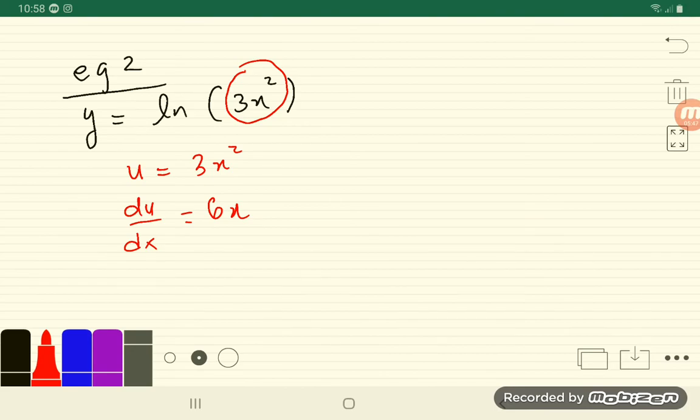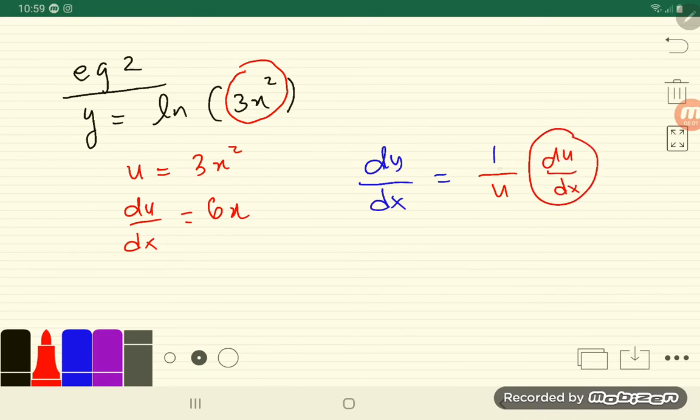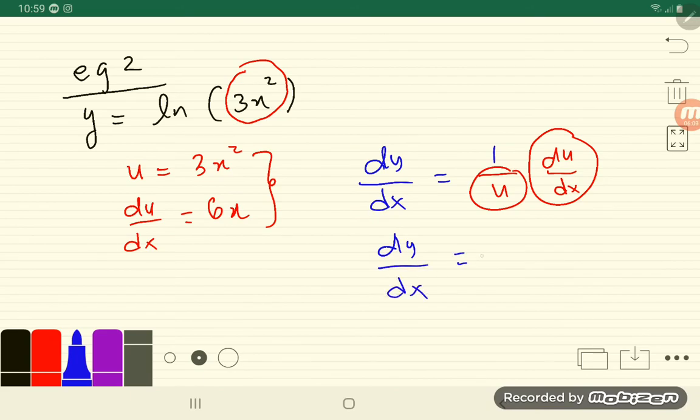And then the final answer for your dy over dx is supposed to be 1 over u du over dx. So the values here, you can change into these values. You are going to get dy over dx is 1 over u, where the value of u is 3x squared, then you multiply it by 6x, because 6x here is your du over dx.